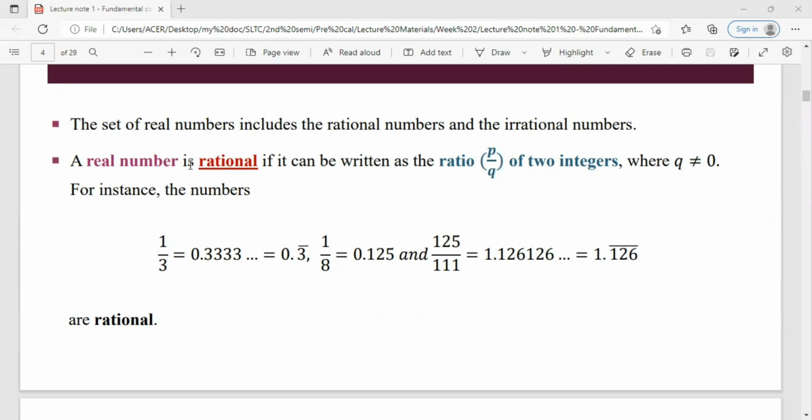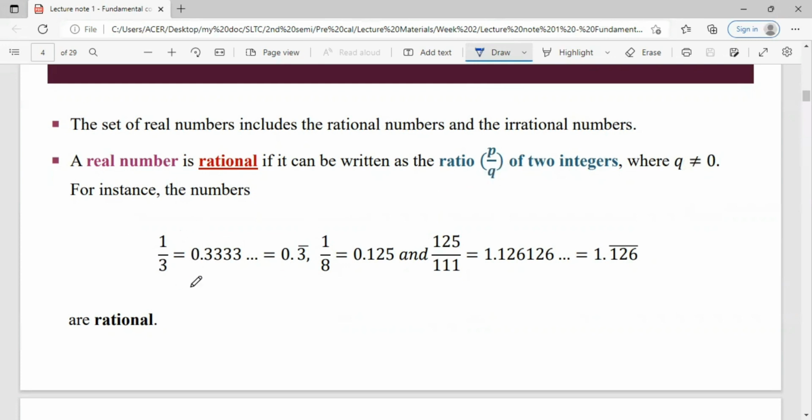So if a real number is rational, we can write it in the form of a ratio, where P is an integer, Q is an integer, and Q does not equal 0, right?